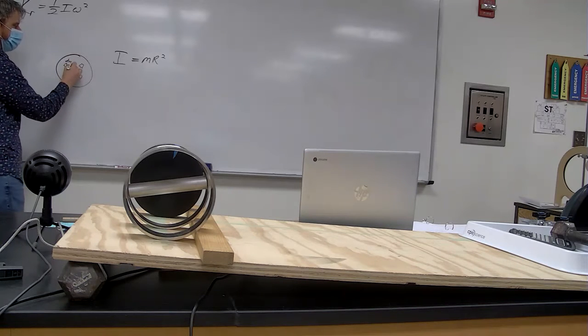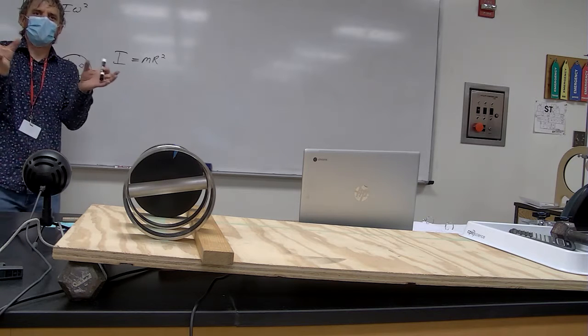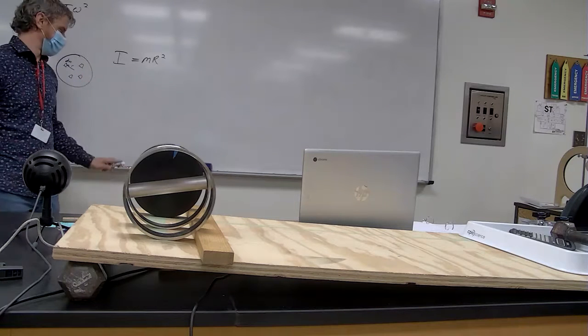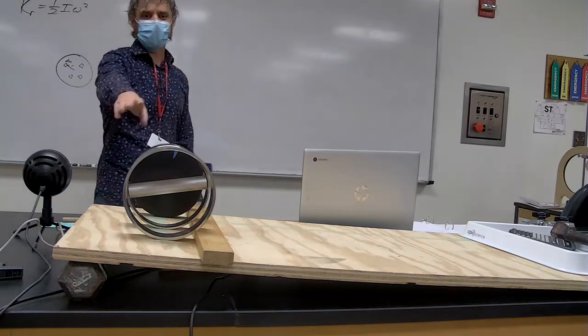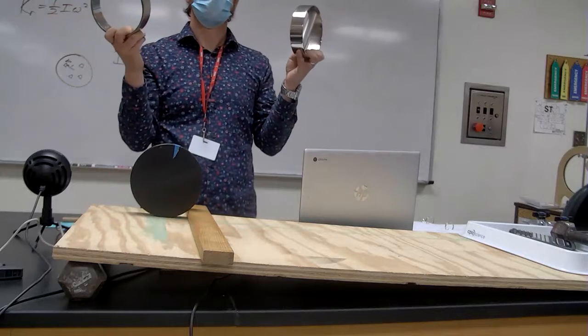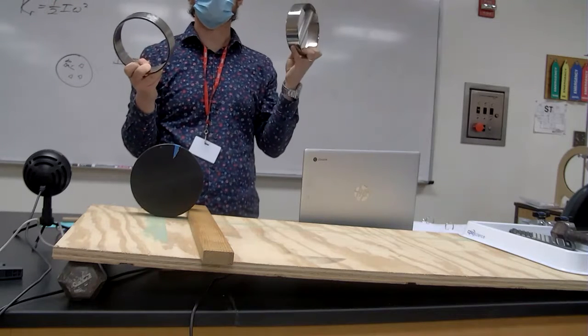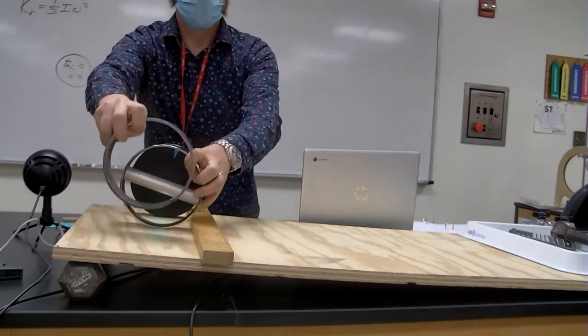So it would be the disc because it has smaller r values for all of the mass that's in the middle. So yes, the disc has a smaller moment of inertia. What about these two? The one with the bar has lower rotational inertia. This guy has the most rotational inertia.